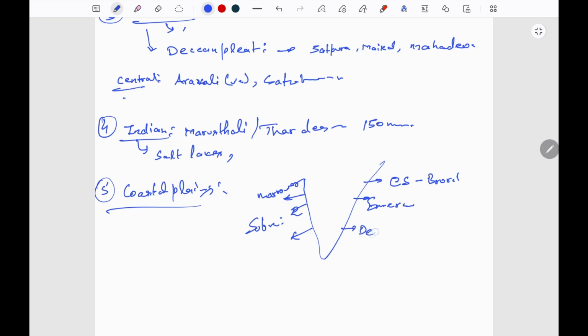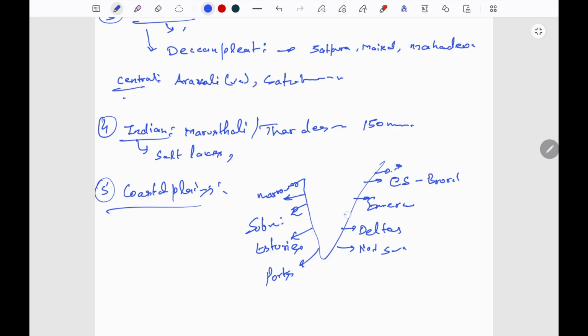Here the deltas are formed. Here estuaries are formed. It provides the natural condition for formation of ports, and here it is not suitable for ports because of large sediments deposited by the rivers.